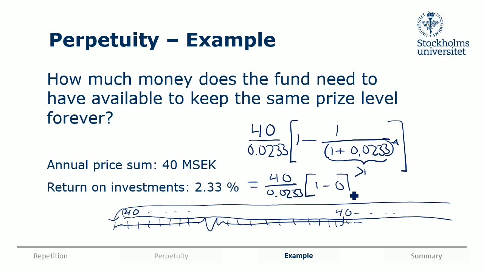That didn't look so good. So this is very sloppy notation, but I just want you to get a feeling. And well, 1 minus 0 is 1, right? So we can write this as 40 divided by 0.0233.